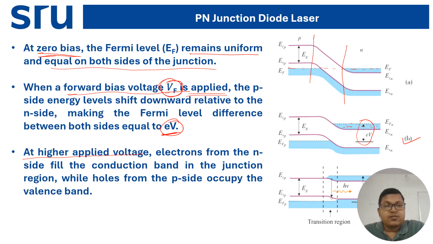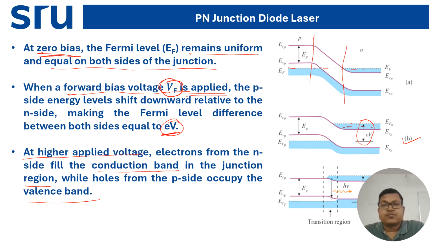The electrons from the N side fill the conduction band in the junction region, while holes from the P side occupy the valence band. In the image you can easily see that it is almost filled.